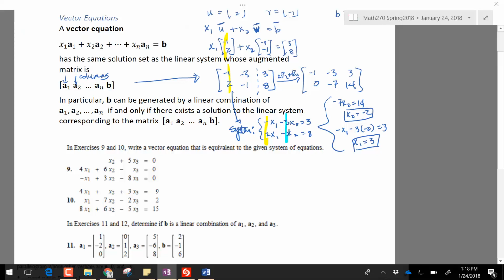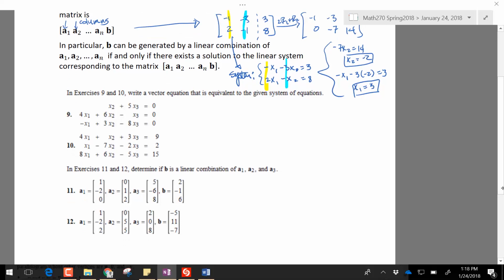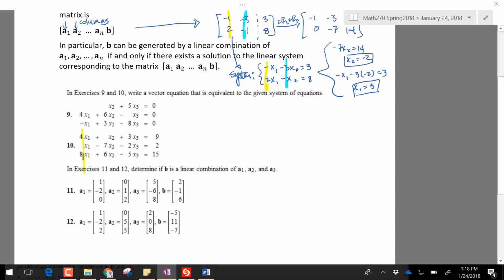And likewise, the coefficients, the columns, and the vectors all match up. So what I'm trying to do here is kind of skip some intermediate steps, and instead of trying to write this in matrix form first and then into a vector equation, why can't we just see it as a vector?